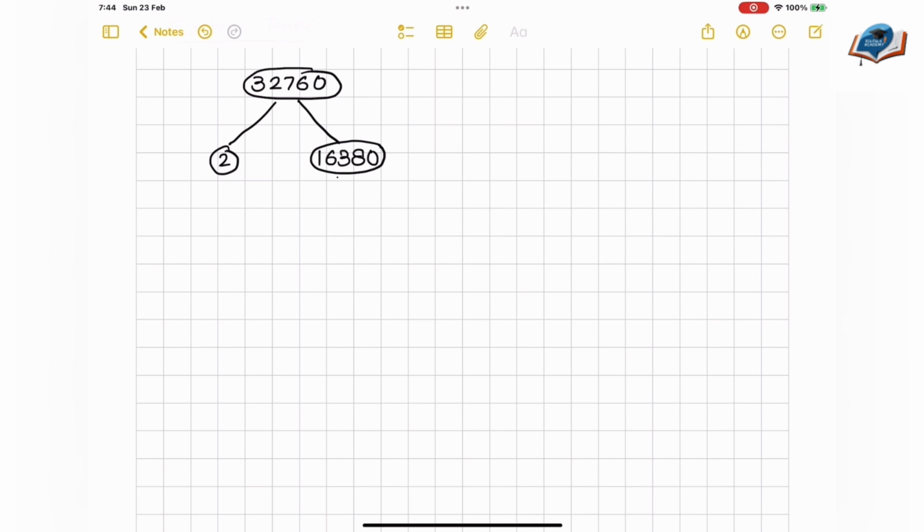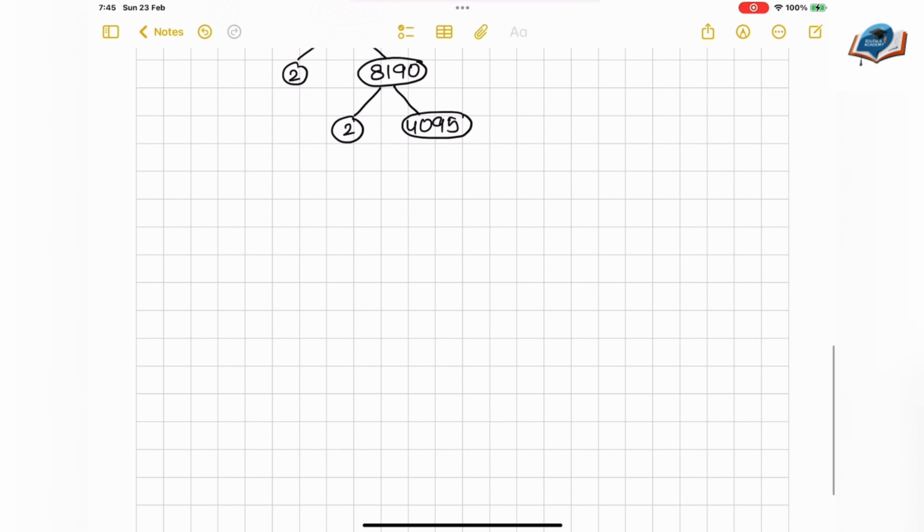So now again if I see this, it will be 2 into 8190. Now again with 2, 4095. Now 4095 will go with 3, 1365.